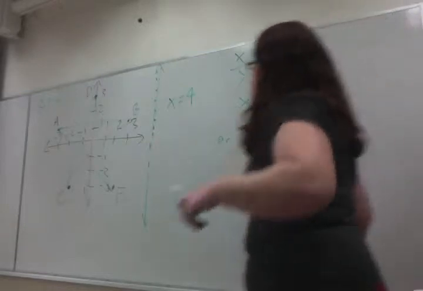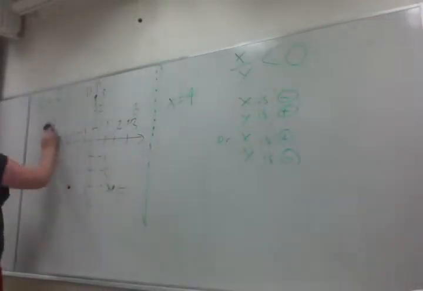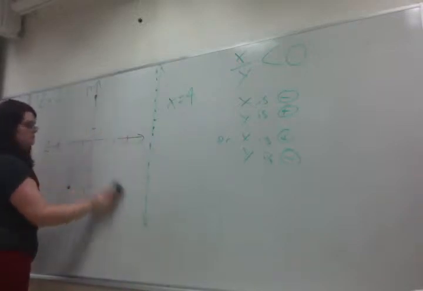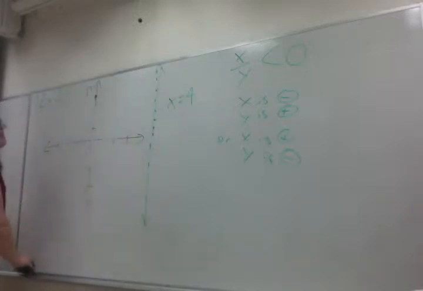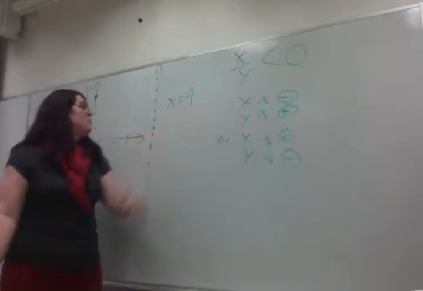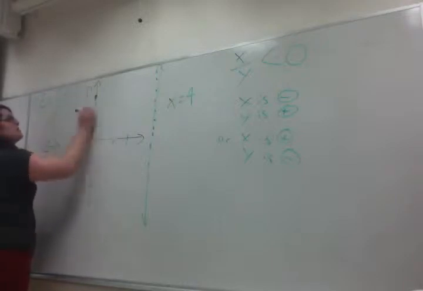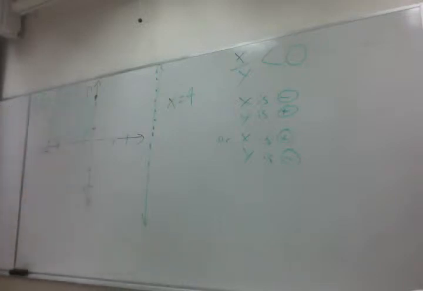So if I look on my coordinate plane, the question now is, where are those things true? Where is it true that x is negative and y is positive? Well, x is negative anywhere in the left-hand side, y is positive anywhere on the top-hand side. So this region that I'm filling in with green, that's where x is negative and y is positive.